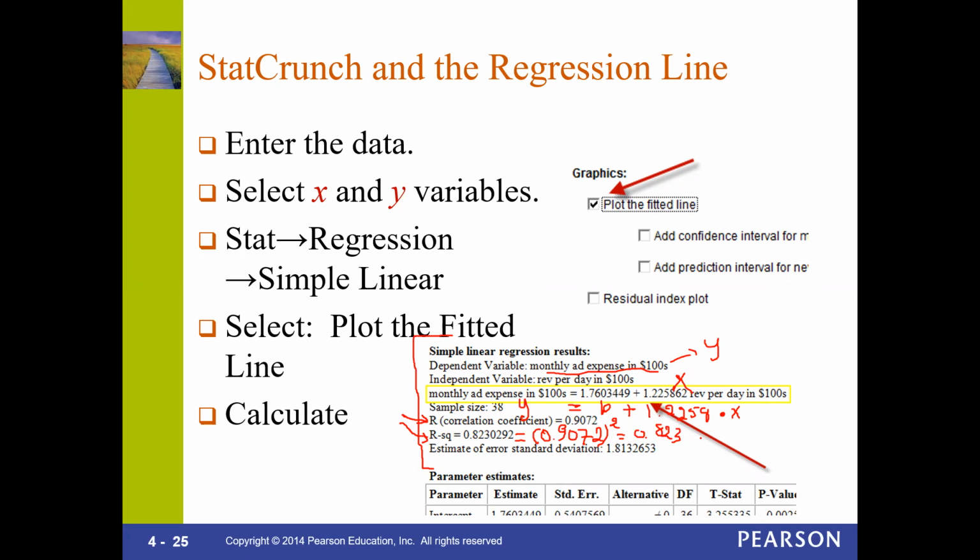So what does R square stand for? I will explain again later today, but I'm just going to give you a quick idea. It means that 82.3%, you need to put it in percentage, is explained by the regression line.